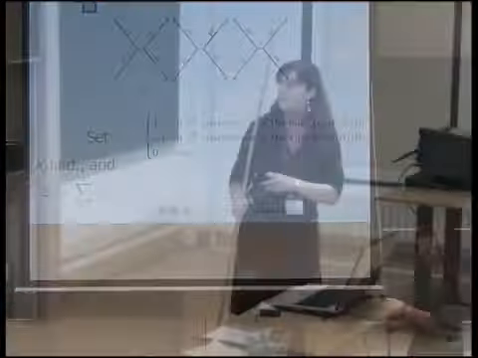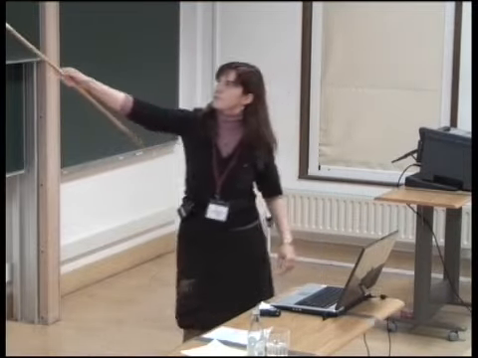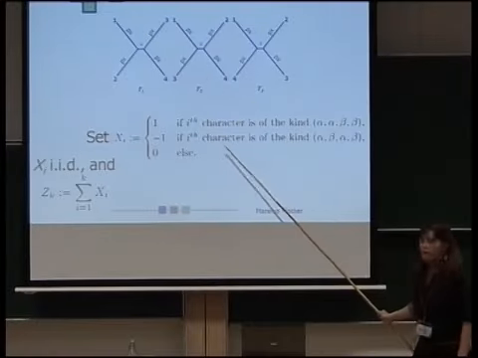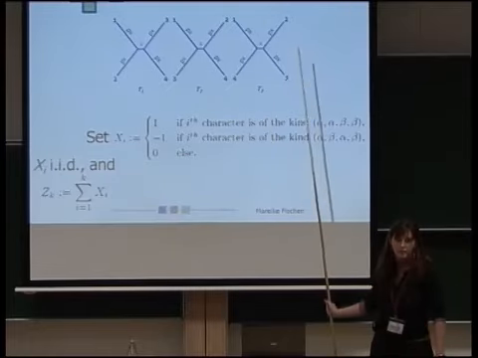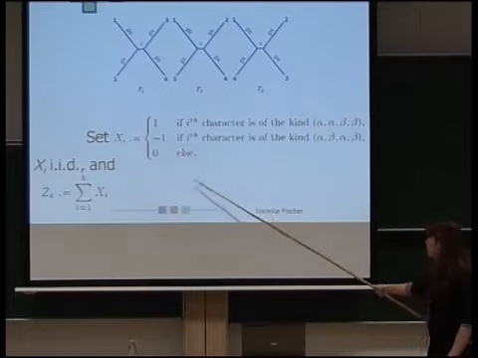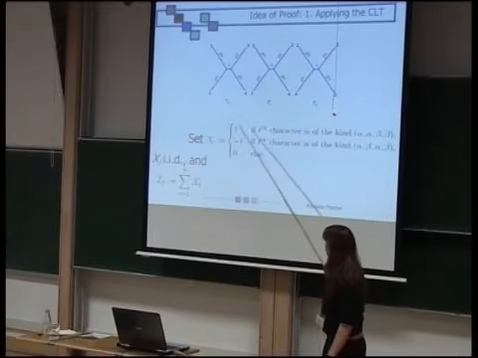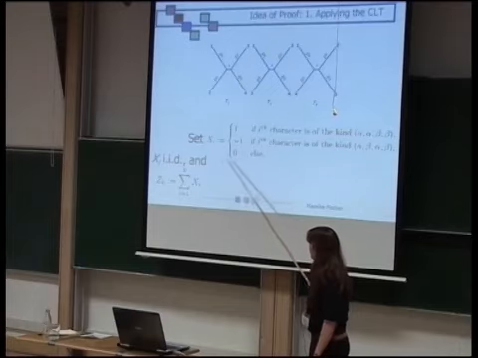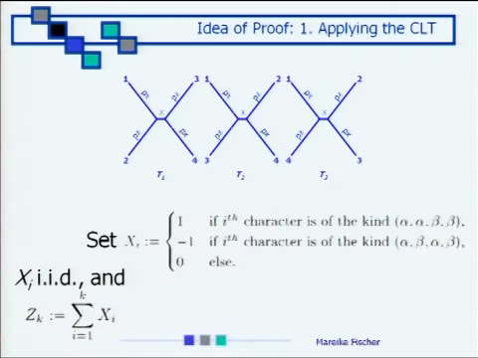So if the ith character is, say, alpha, alpha, beta, beta, it's the same partition that is induced by the first tree. Similarly, we set it to -1 if it corresponds to the interior edge of tree T2, and to 0 otherwise. So if it supports the third tree, or if it's an uninformative character, we will set xi to 0. We assume that these xi's are independent and identically distributed, and then we introduce the random variable zk as the sum of the first k such random variables xi.